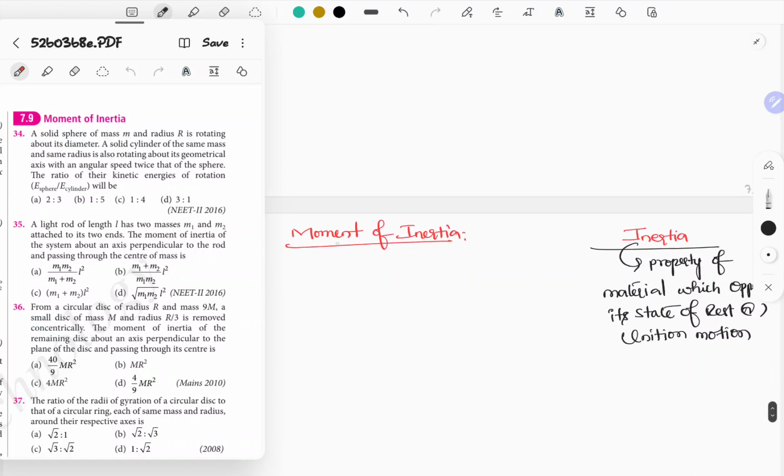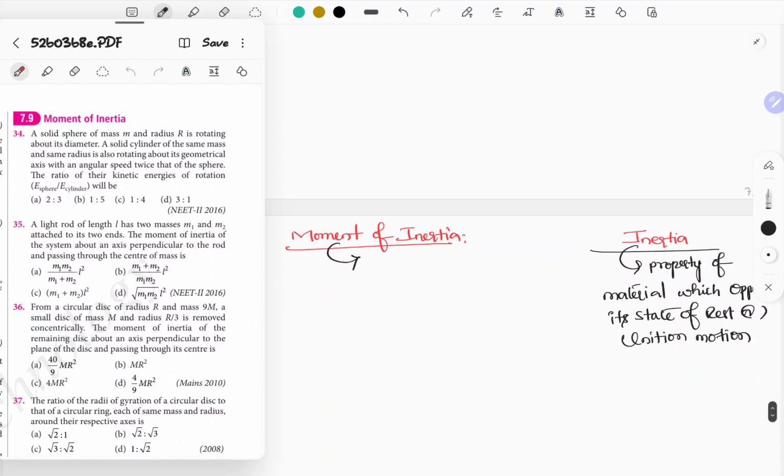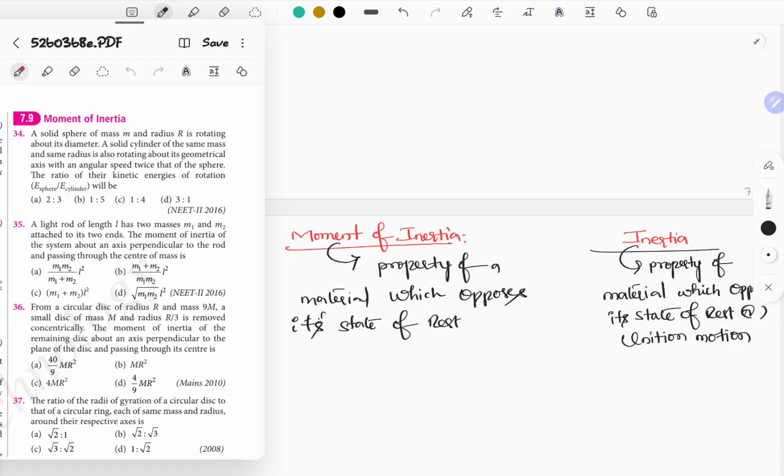Similarly, we have the same type of definition for moment of inertia. Moment of inertia comes under rotation. It's a property of a material which opposes its state of rest or uniform rotation.